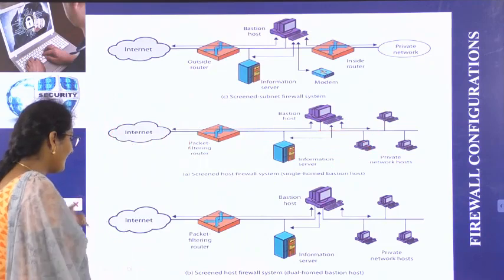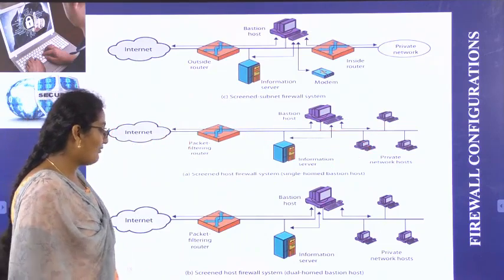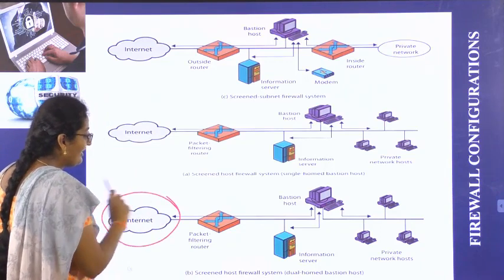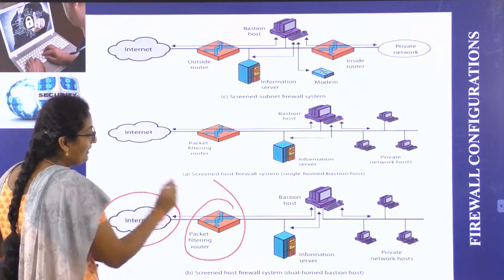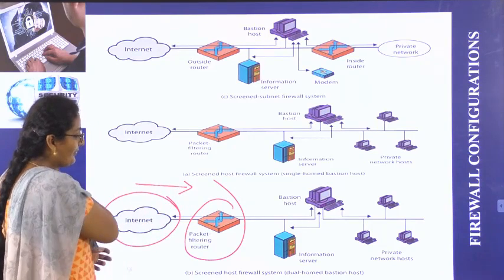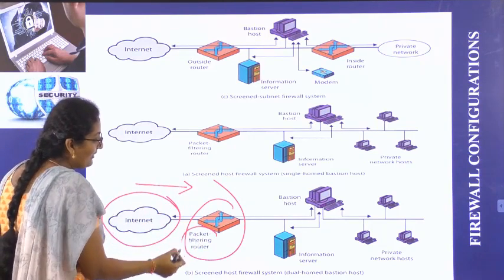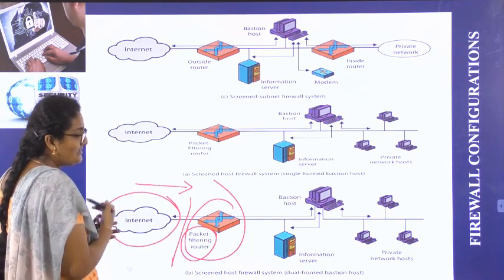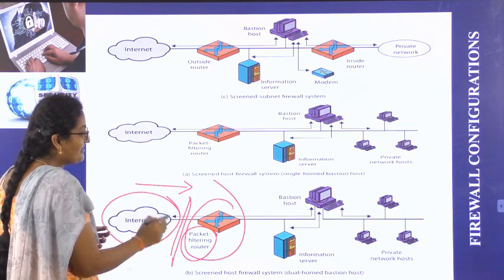And finally, third one, screened host firewall with dual home base station. Here also from internet we are getting data. We are using packet filtering router. Whenever we are getting data in the form of packets from internet, this packet filtering router, type 1 firewall, will eliminate duplications and decrease redundancy.